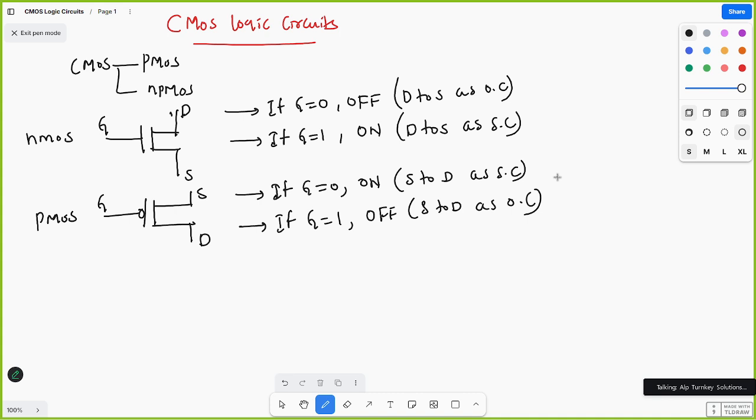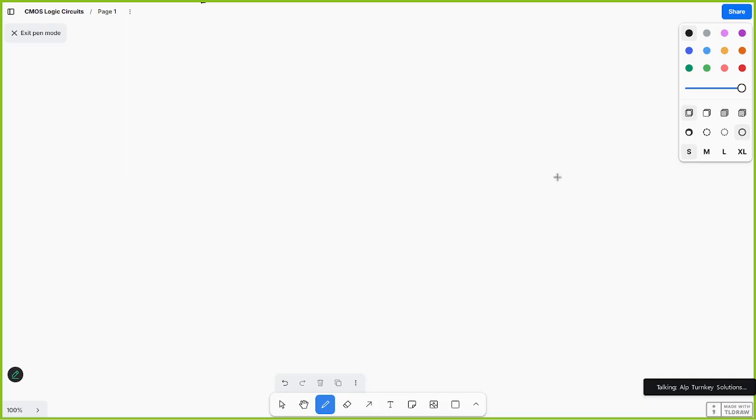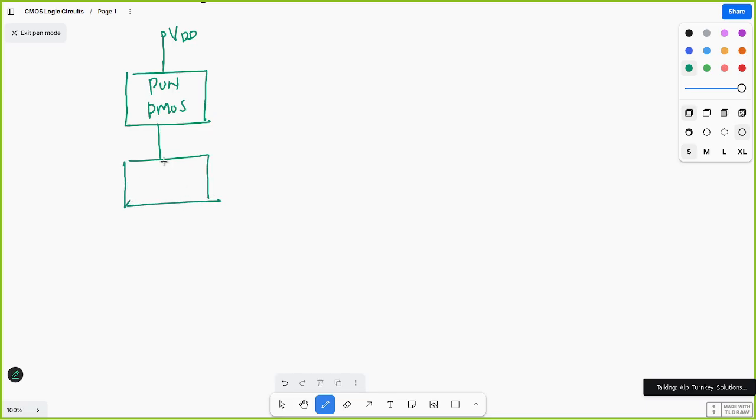Basically, any CMOS circuit will look like this. You have VDD, and here you have a pull-up network as PMOS, and next you have a pull-down network as NMOS, and a couple of inputs will be there.